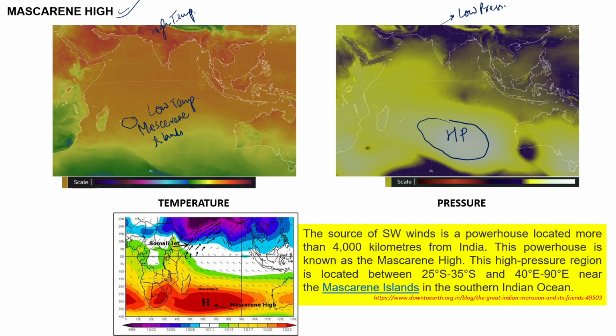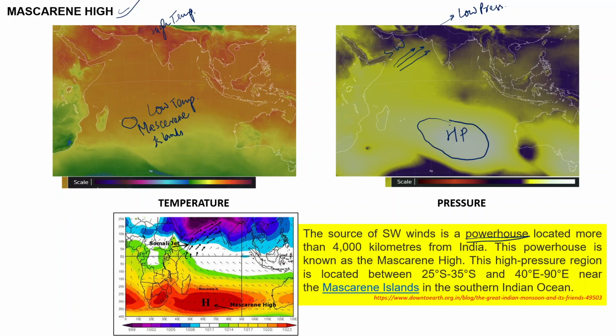So this low pressure zone will attract these winds from over the Arabian Sea. We say that these are the southwest monsoon winds, but the source of these winds is this Mascarene High, which is considered to be a powerhouse of these winds, and it is quite far from the Indian subcontinent.